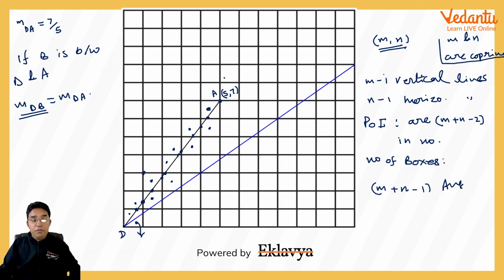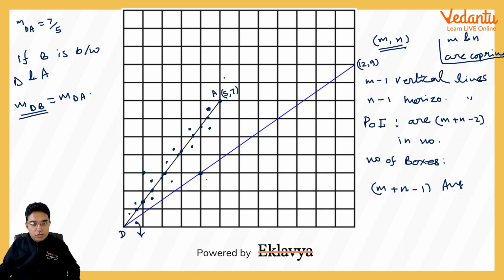Now, if m and n are not co-prime, I have taken this example. Please see, this point is 12 comma 9 actually. This point I have taken as 12 comma 9, and they are not co-prime. So you can check this line is meeting at this point, and here also you can check the y coordinate is 3, the x coordinate is 4.